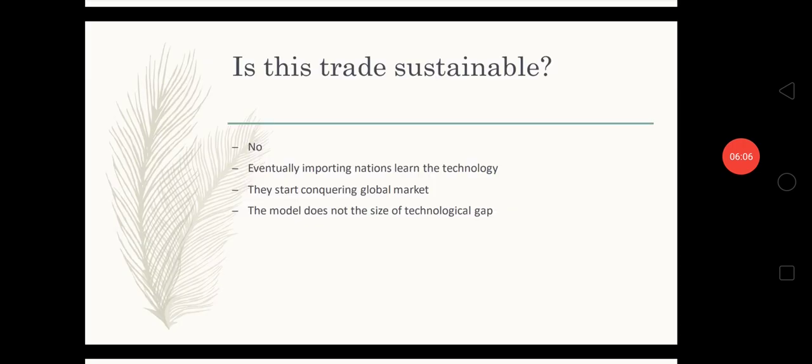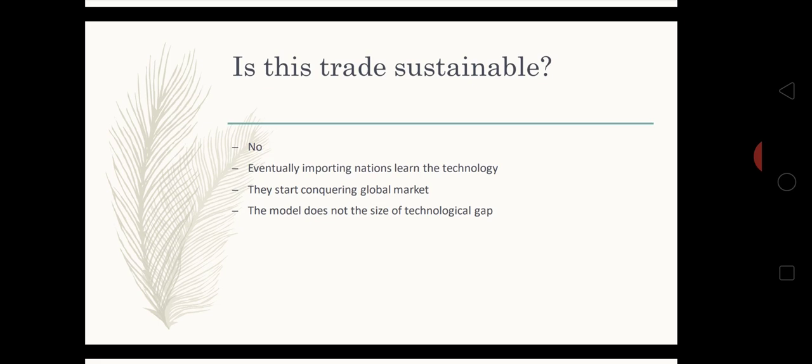Initially the trade is driven by innovation. The innovating company and innovating country will start producing the innovative commodity, and they will start exporting that commodity to another nation. So there are two nations, the innovating country and the imitating country.